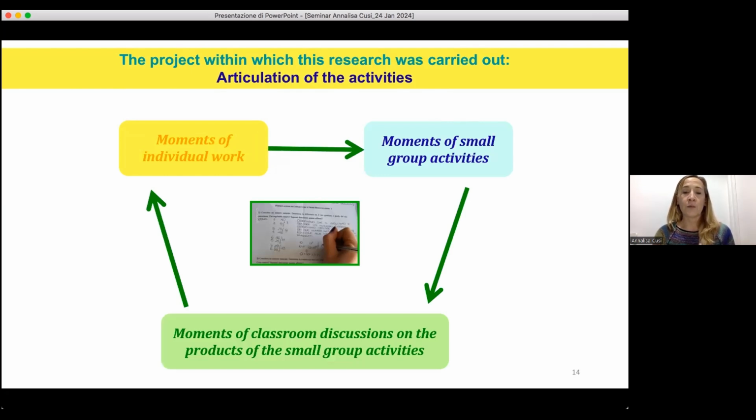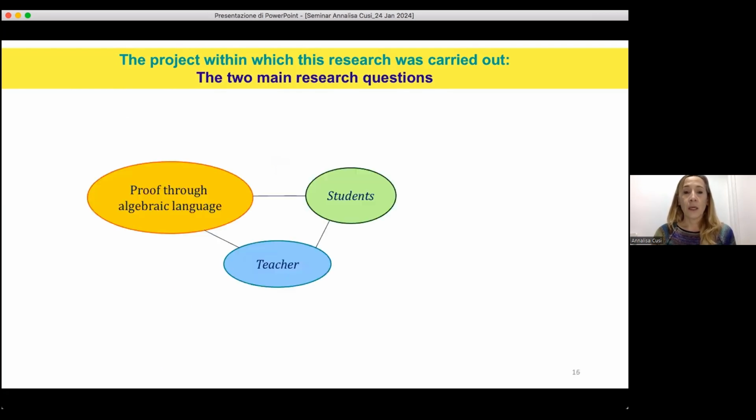Most of the activities were characterized by moments of small group work, followed by moments of classroom discussion on the products of the small group activities. So these were the main variables under research: obviously, the mathematical content, in the case of my research, proof through algebraic language, the students, the teacher, and obviously all the interaction between them.